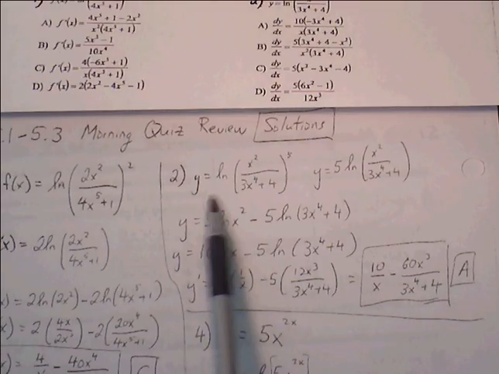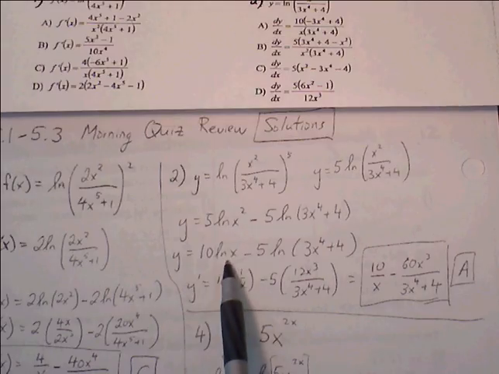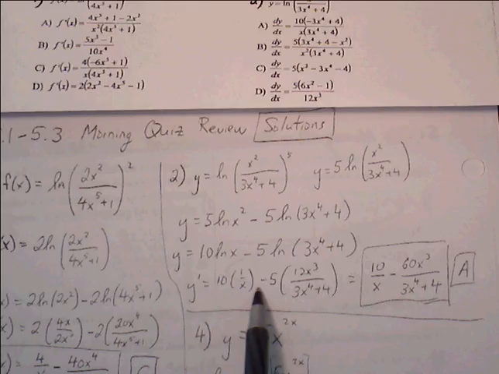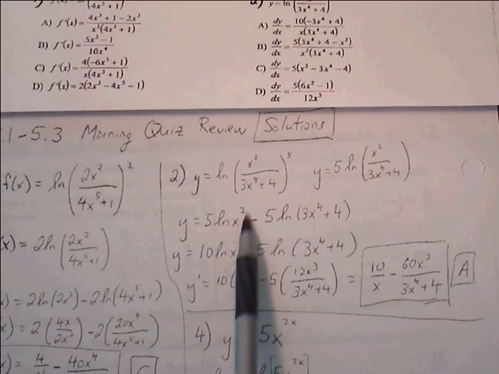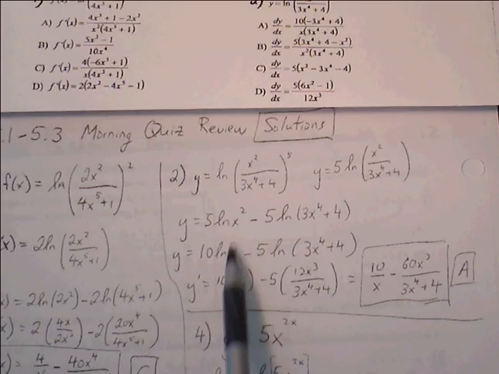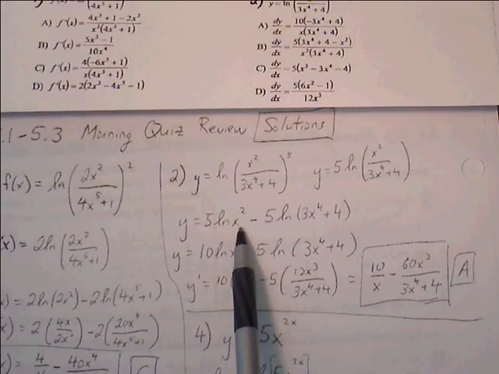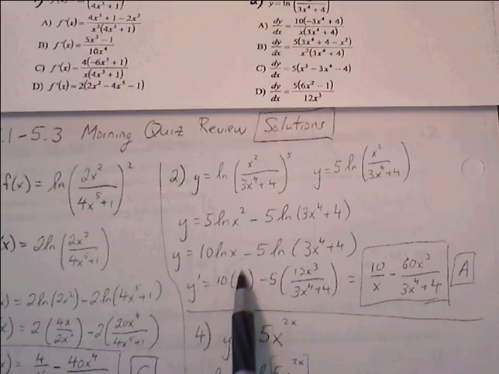What I did here was I brought the 2 down in front, make it 10 ln of x, and then the derivative of ln of x is just 1 over x, u prime over u. Now, if you wanted to go through the derivative rule at this point, you can. It will still give you the same result. x squared becomes 2x all over x squared. So 2x over x squared will reduce to be 2 over x times 5. It'll come out to be the same thing, 10 over x.